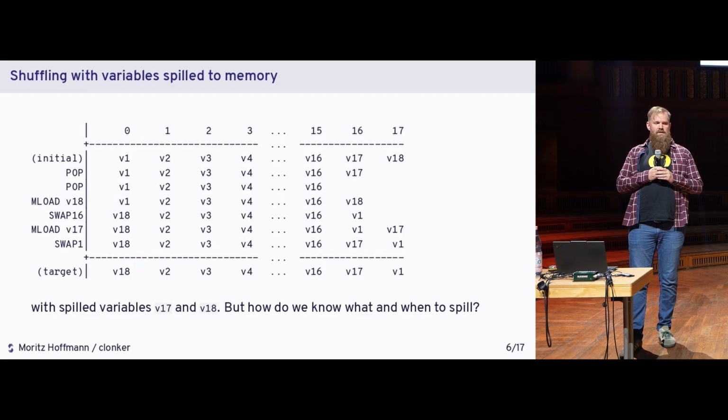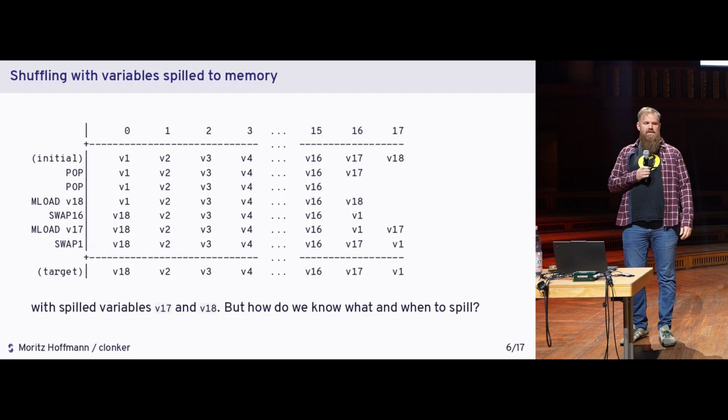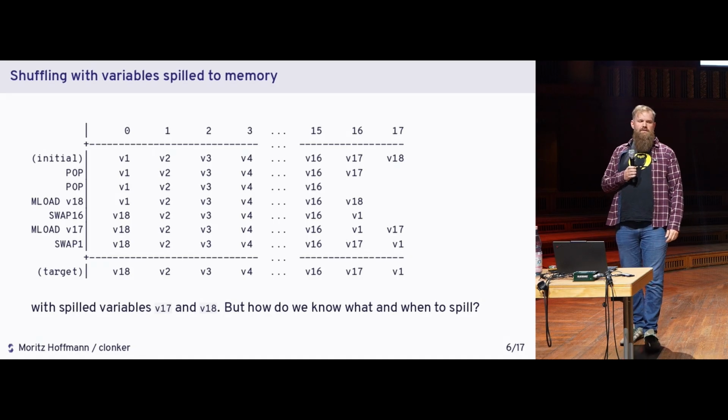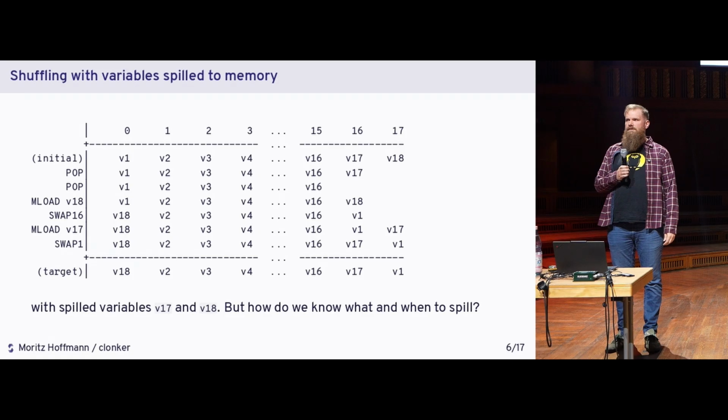And supposedly we have spilled the variables V18 and V17. In order to swap around V1 and V18, we would first pop V18 and V17, which frees us enough space to perform the SWAP16, which brings the V18 down to the last slot. And then through MLOADing V18 and V17 back onto the stack, we can achieve the shape that we need. So it's really as simple as that.